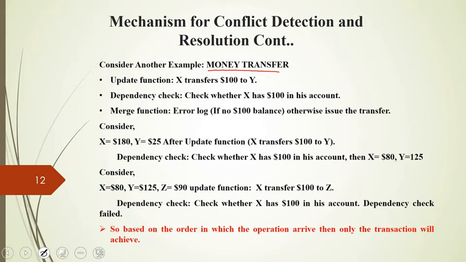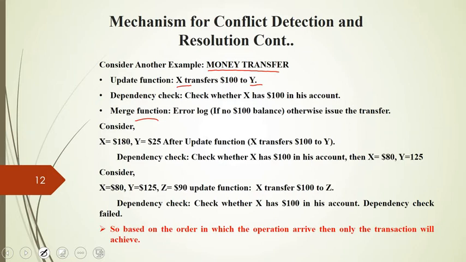In this example, we have to transfer a certain amount of money from one account to another account, for example, X to Y. So in the update function, it transfers $100 to Y's account, and in the dependency check, it checks whether X has $100 in its account, and in the merge function, if there is no $100 balance, it will provide an error log, otherwise it will issue the transfer.